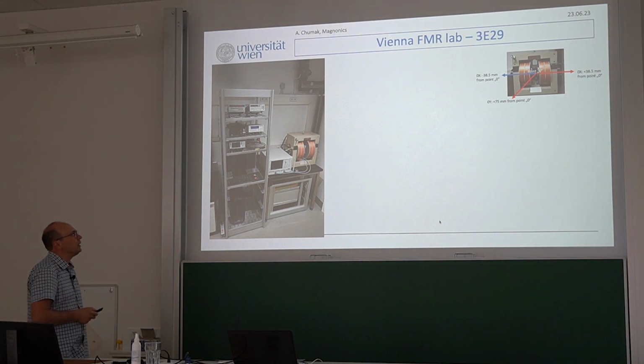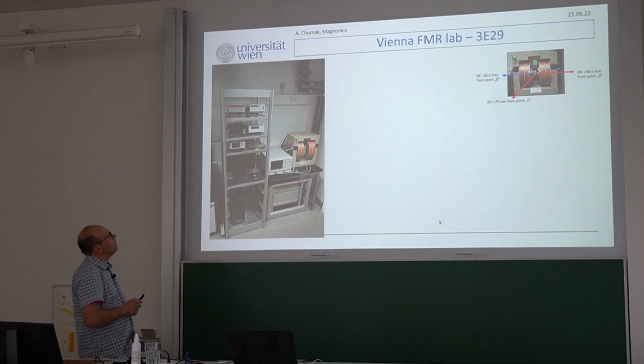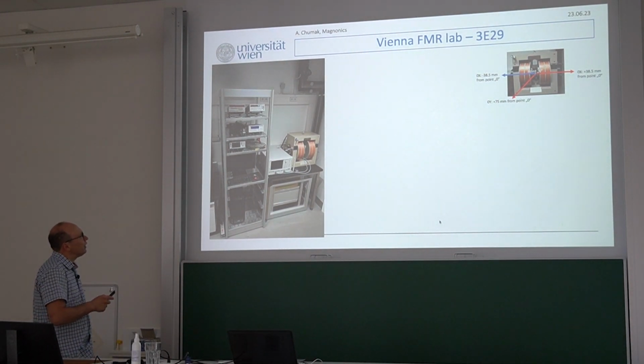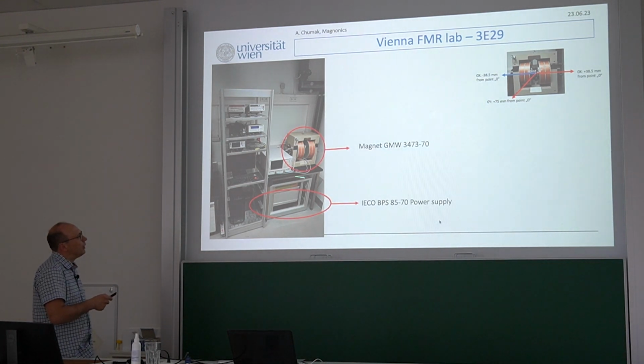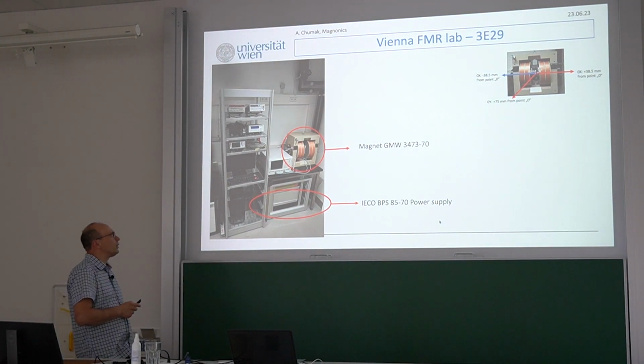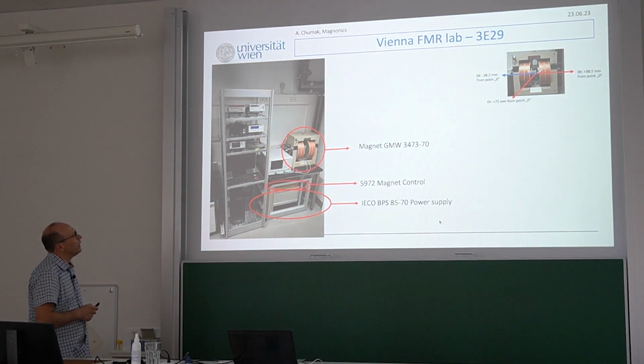We use this magnet from GMW, which is 600 kilo ampere, and it has a power supply, water cooled, and it has a magnet control, which keeps the field constant.